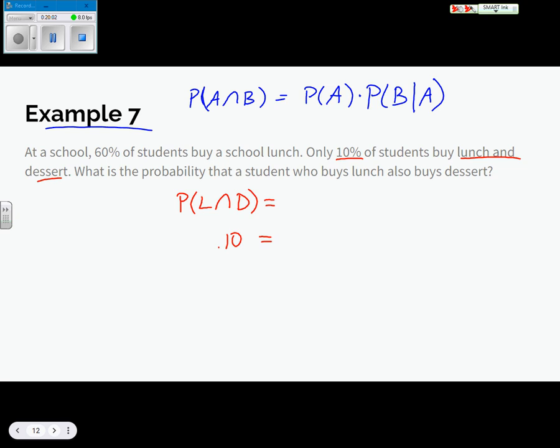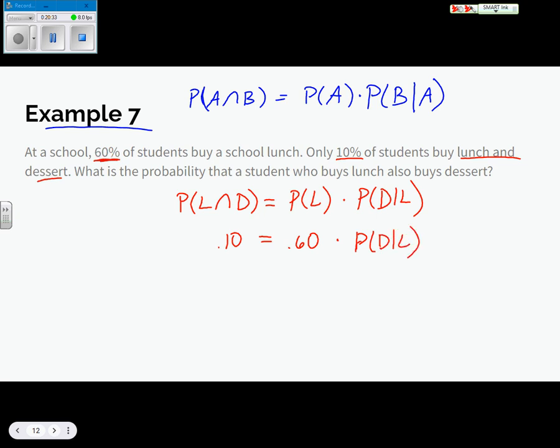Now, since it's dependent probability, I'm now going to take the probability of someone that gets lunch, 60% of the students get the lunch, times the students that get dessert given that they also bought a lunch. And that's exactly what I'm looking for in this problem.